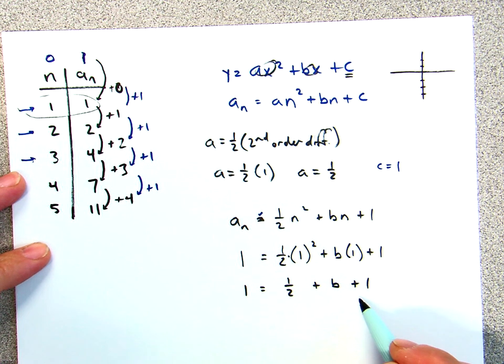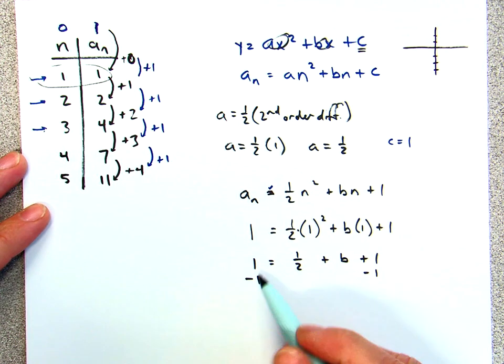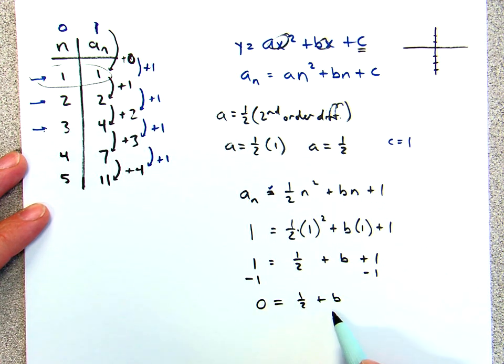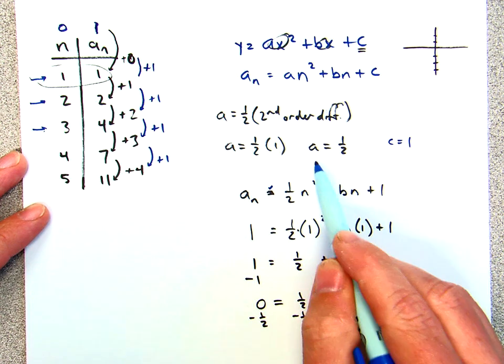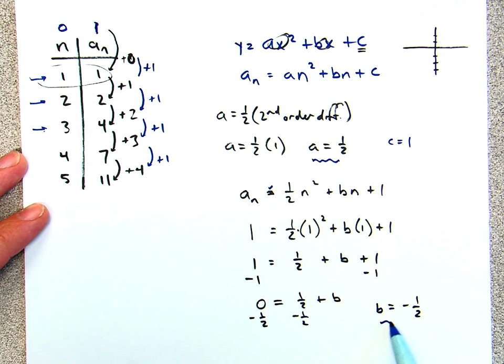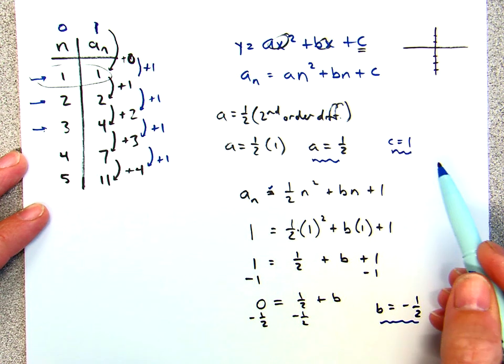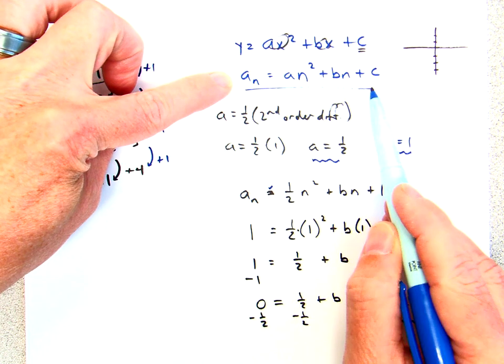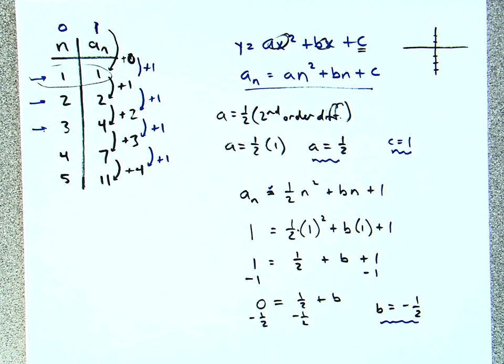We want to isolate this b, so I'm just going to subtract this 1 over first and leave the fraction alone for now. 1 minus 1 is 0, and if I'm looking to solve for b, if I subtract a half from both sides, then b must be negative a half. So we have our a value, we have our b value, and we have our c value. We know this is the generic setup for an explicit version of a quadratic function.